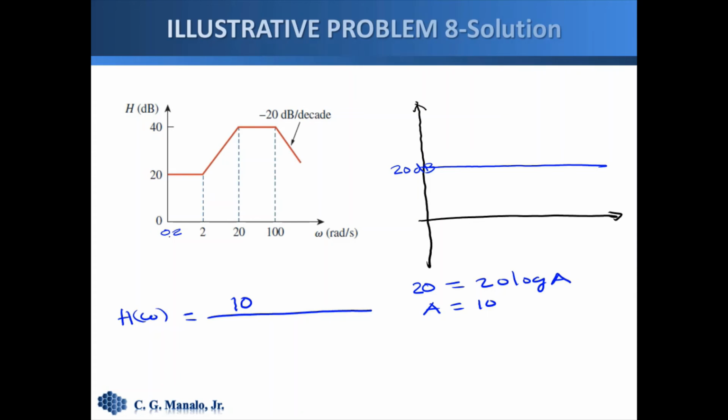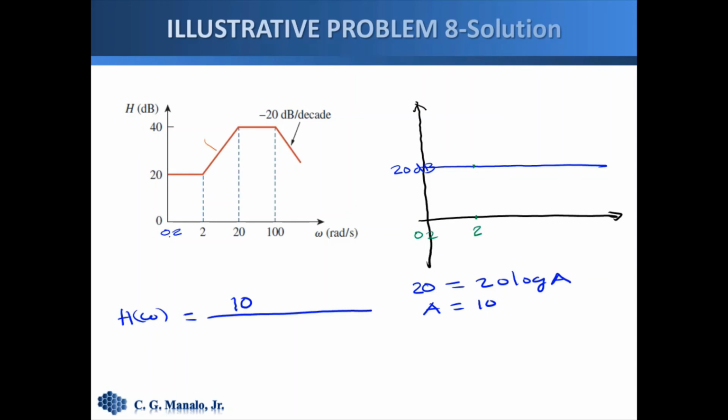Now, this is 0.2 here, and then let's go to 2. At 2 radians per second, the HdB is rising at a rate of 20 dB per decade positive.